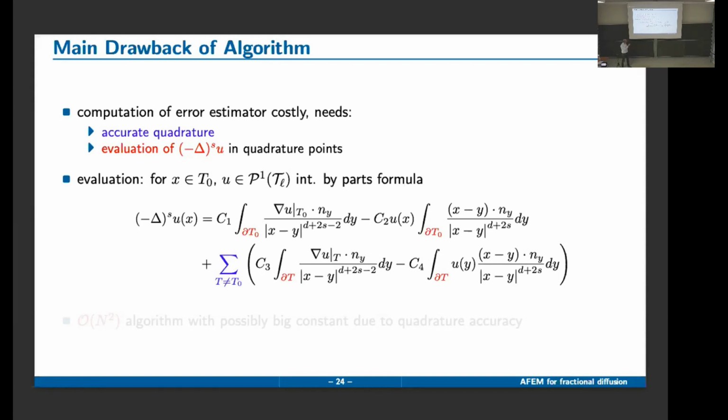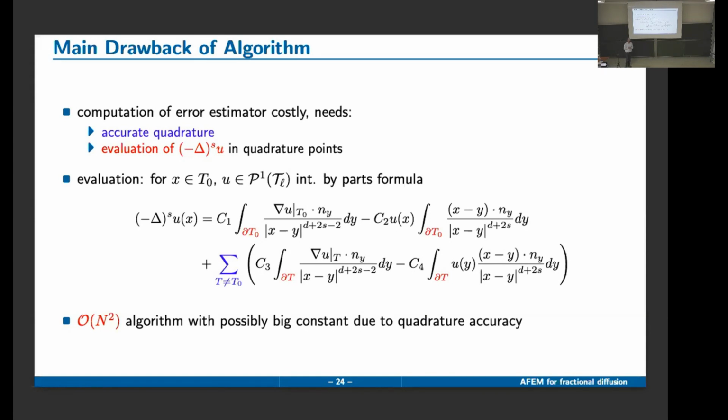So evaluating at one quadrature point, you need at least an O(n) algorithm in each quadrature point for each element. In total, an O(n squared) algorithm multiplied with the constant, which might be big due to the need of accurate quadrature. And in 2D, you really see that the computation for the error estimator is really, really slow.